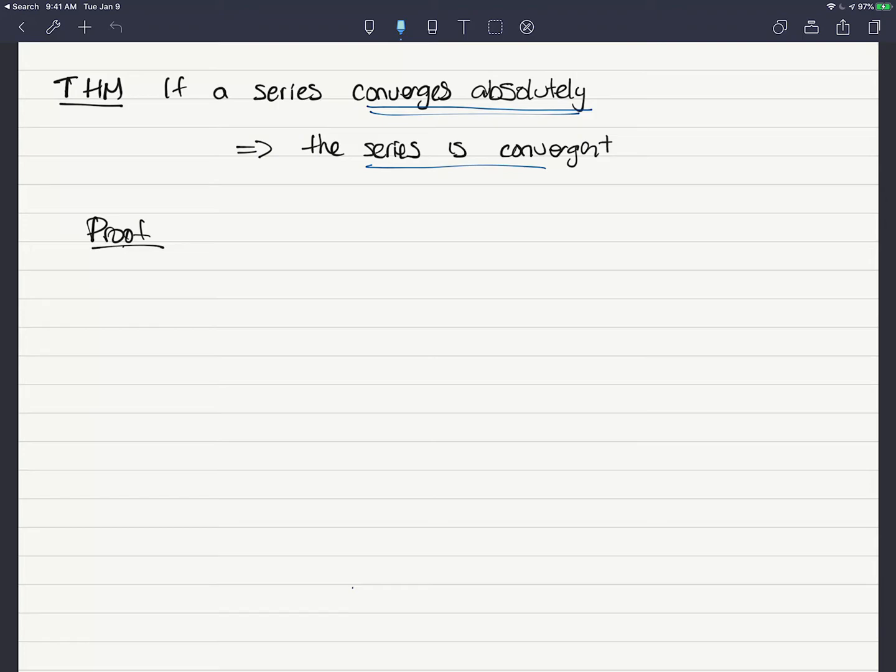How do you prove this? We will prove it like this. Let me start. We're going to assume we have a series of terms a_n that converges absolutely.